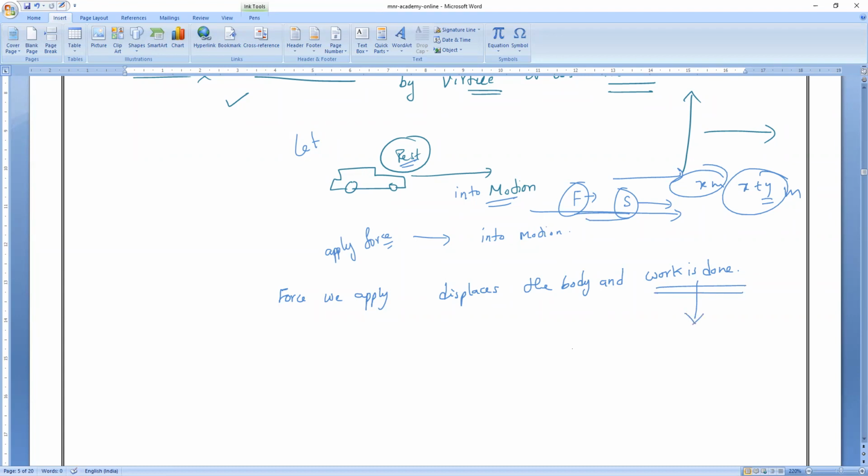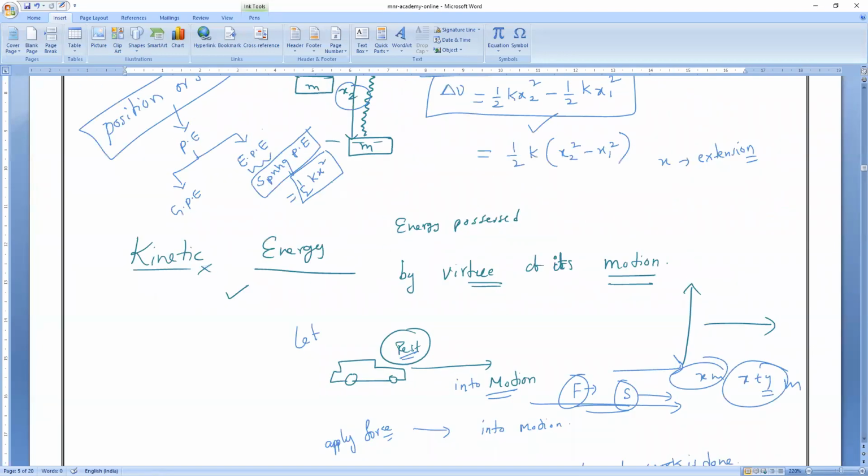The total work done on the body is stored in the form of which energy? Kinetic energy, because the body started motion. The energy possessed by virtue of its motion, we call kinetic energy. That is what you should understand.